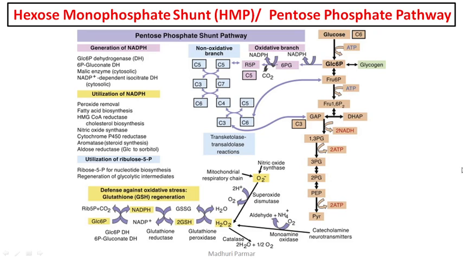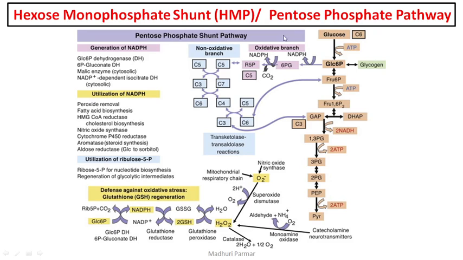If reactive oxygen species are present, they can oxidize your DNA and some important molecules in your body. So that this does not happen, this NADPH in your RBCs is used to make glutathione. So this is where the glutathione is important.